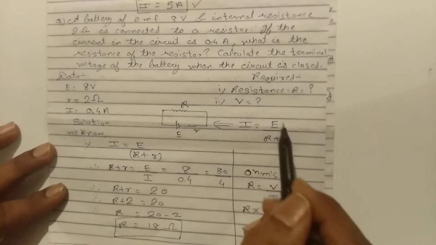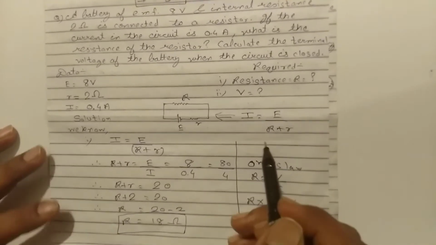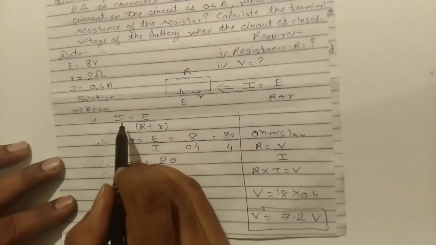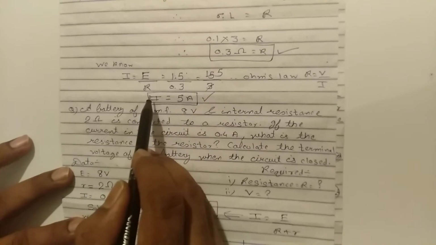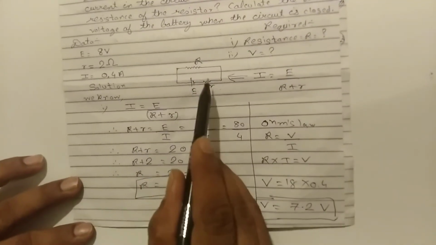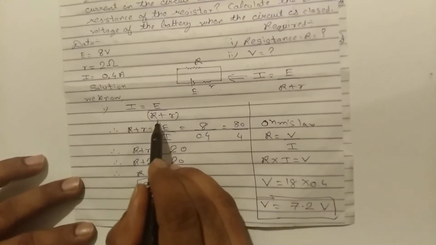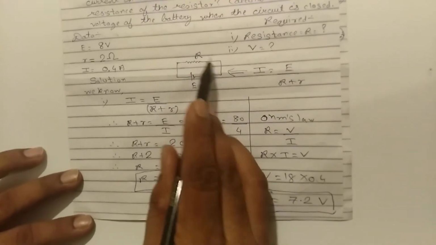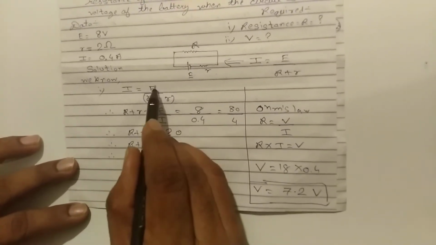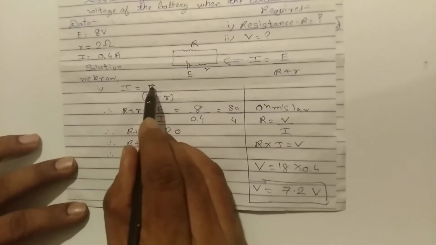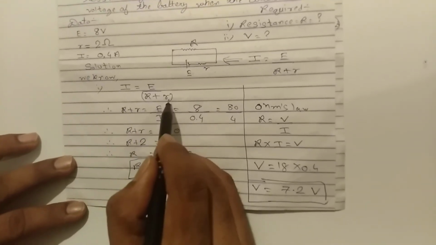I equals E upon R plus r, if you remember. That formula I am going to apply, because in the previous formula we applied E upon R, but here small r is also there. Because R is connected in series, we can't ignore this small r. So what is Ohm's law? I equals E upon total resistance.